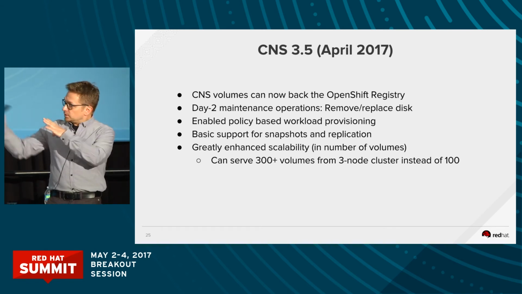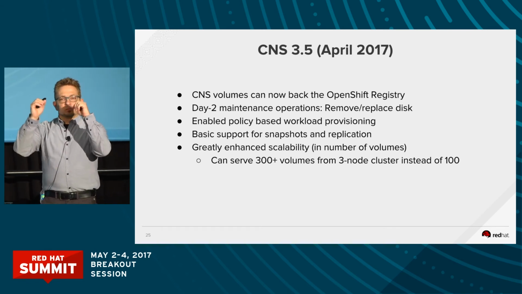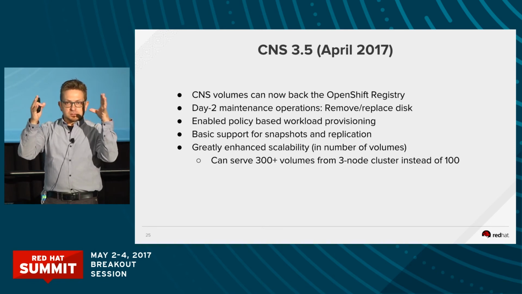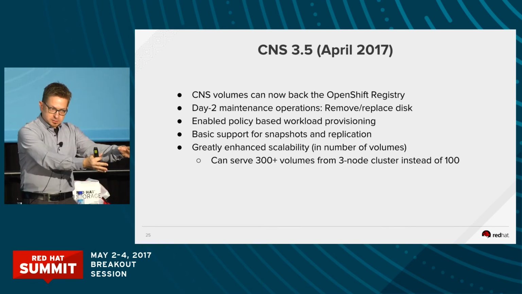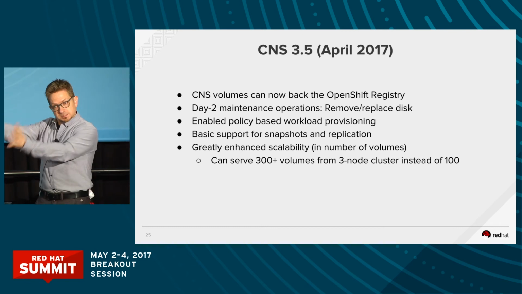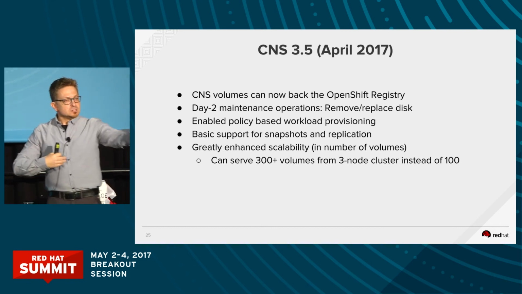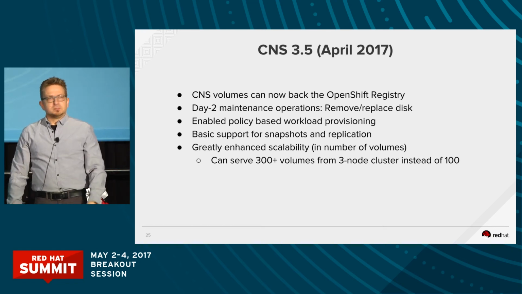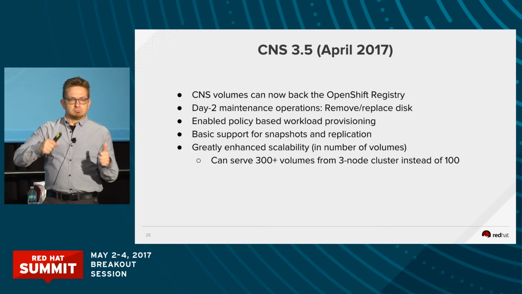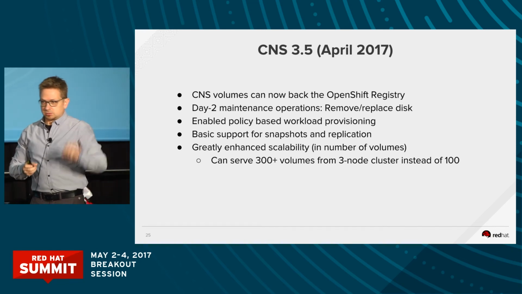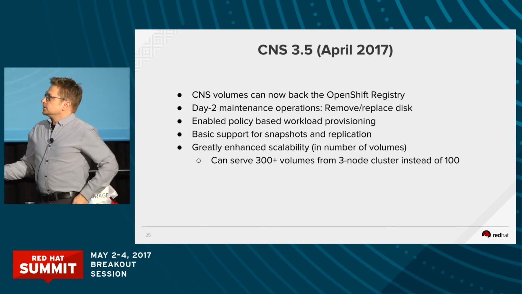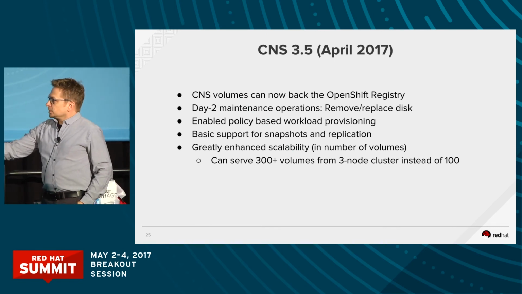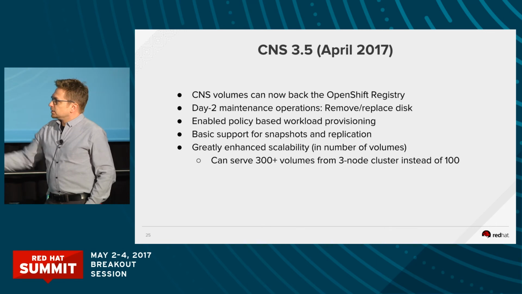With this release, you can tell Heketi to create a gold or fast storage class and point it to the one cluster, and create a slow storage class and point it to the other. Then, as an administrator, you give them to your users depending on what they need. If they need fast storage, you say, here you are, take that storage class, and they get it. This is actually quite important.